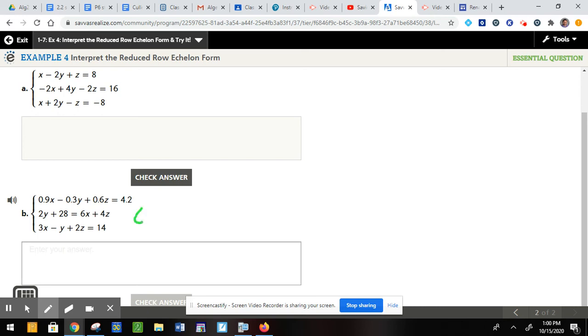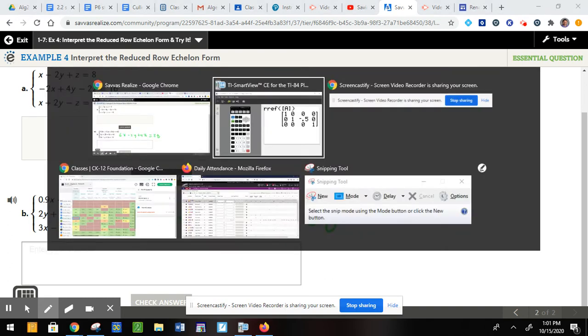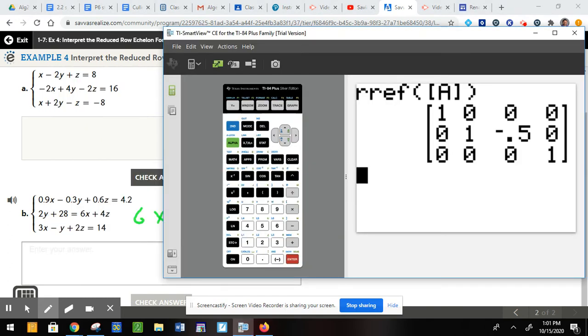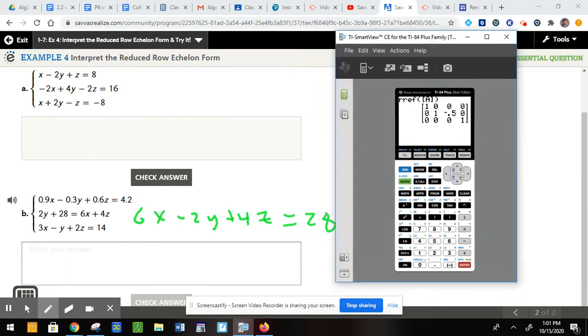So it would be still 6x minus 2y plus 4z, and that's going to equal 28. So really you just had to bring one term to the other side, and then flip the entire equation. When I enter those into the calculator, it's easier to work with here.